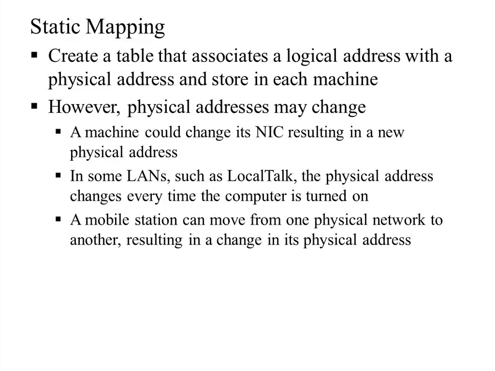That means in one column you will have the logical address, that is, your IP address, and in another column you will have the physical address, that is, your device address or hardware address. You have to map it manually, so that is called static mapping.